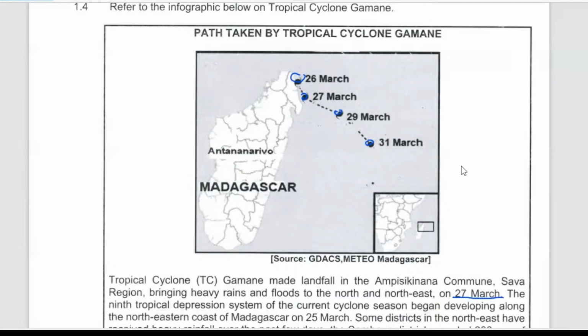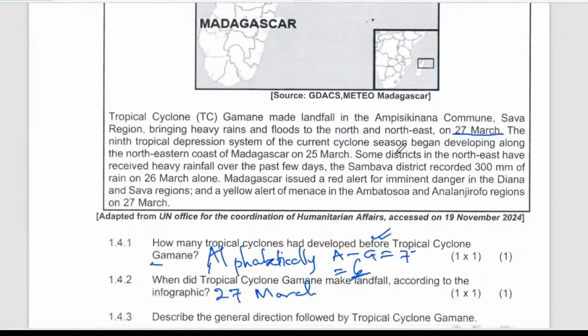We can justify that it was coming from the northwest, going towards the southeasterly direction. That is basically the movement direction. It was coming from the northwest, drifting southeastwards. That was the movement direction of that tropical cyclone from 26 March until it got to the 31st of March.